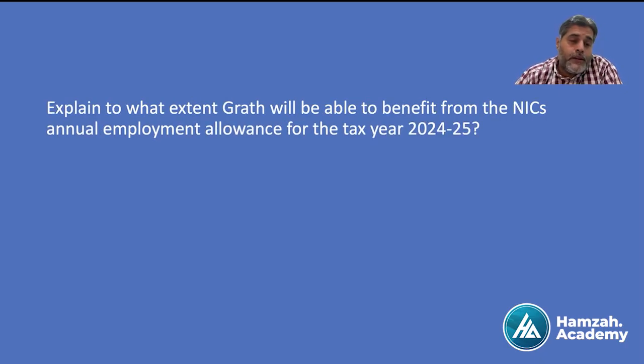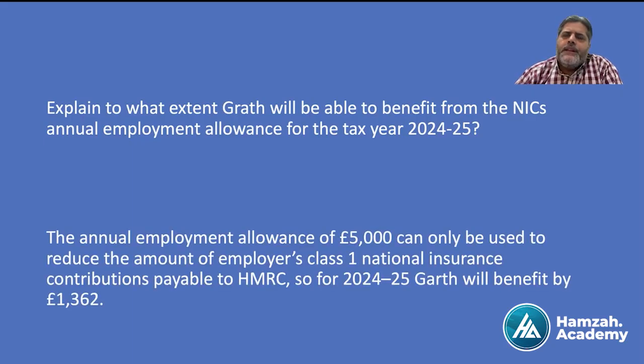And then the third requirement is to explain to what extent Garth will be able to benefit from the NIC annual employment allowance for the tax year 24-25. The annual employment allowance is 5,000, and it can only be used to reduce the amount of the employer's class 1 NIC payable to HMRC.